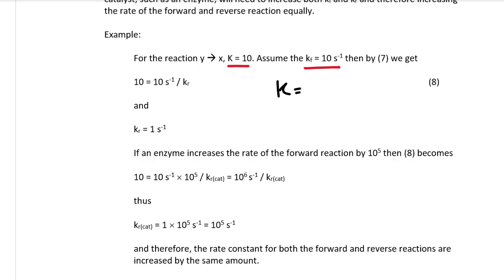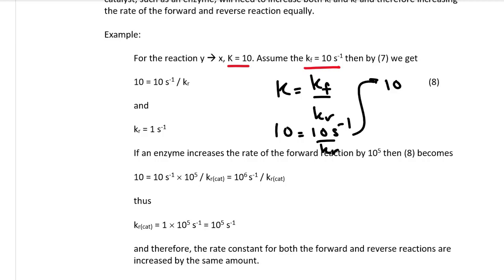K equals Kf over Kr. So we plug in K, which is 10. We plug in K forward, which is 10 per second, over Kr. Now what is Kr? Well, we multiply both sides by Kr, right?